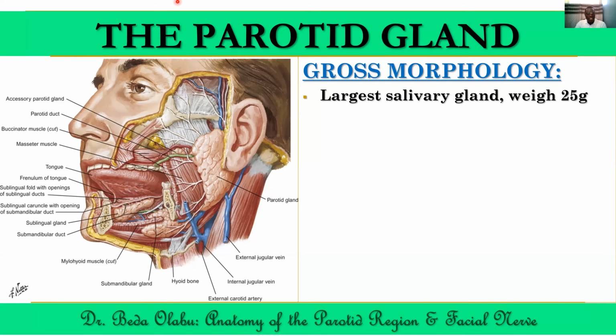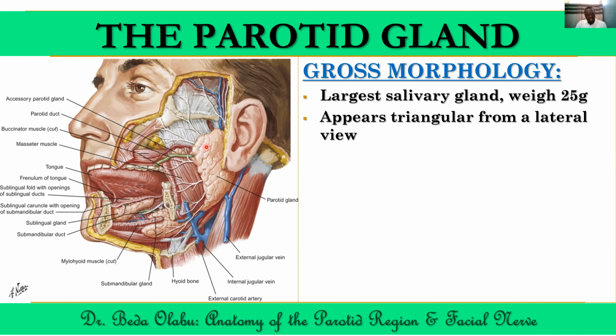It is the largest salivary gland, weighing about 25 grams. You know that we also have other major salivary glands. So we have the sublingual and the submandibular glands. Those are the major salivary glands, but the parotid is the largest of the three.